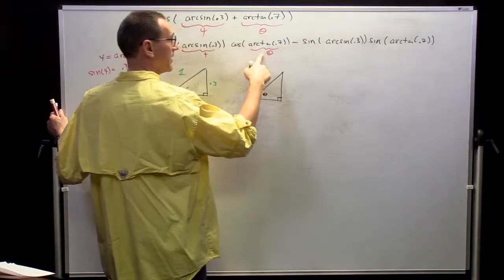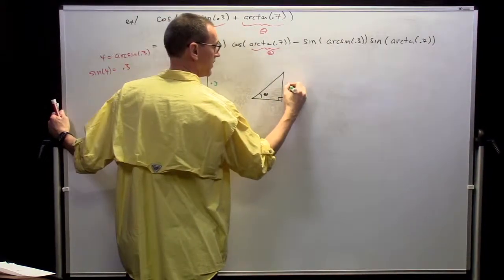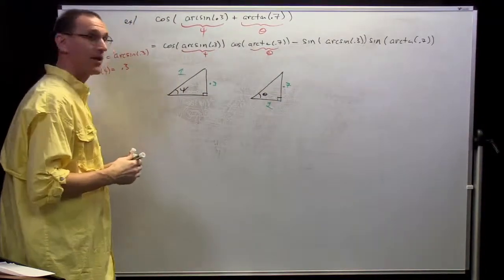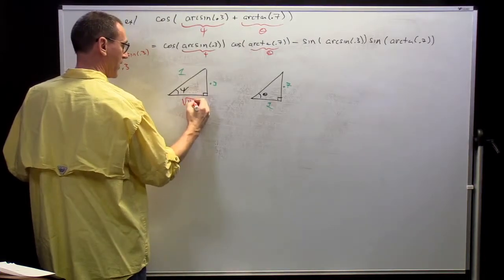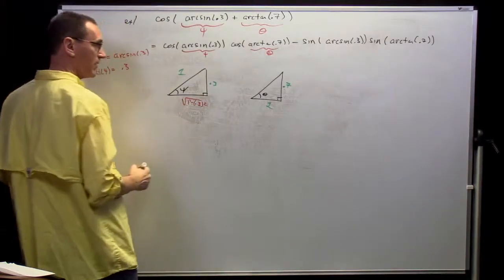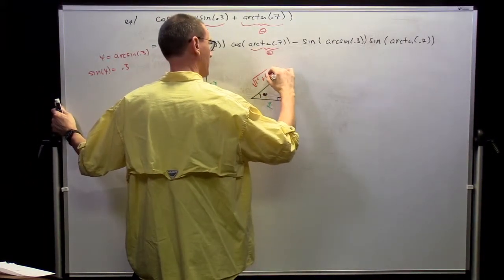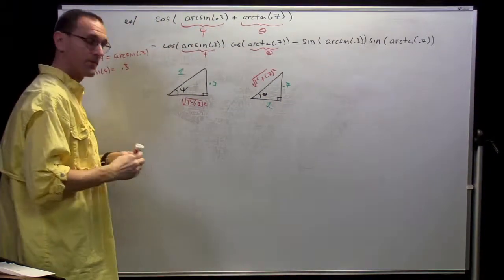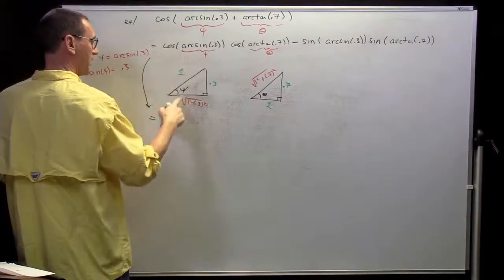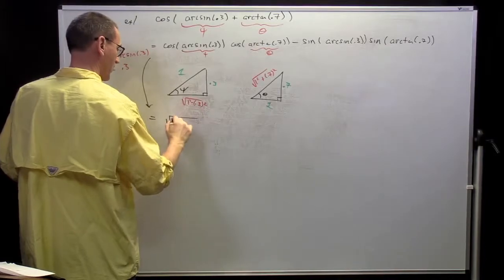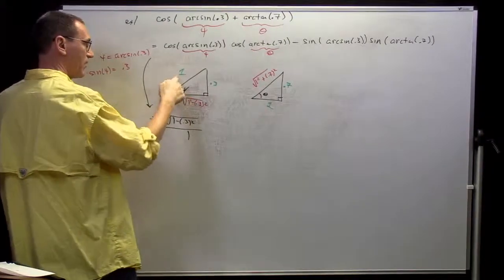What do I know here? I know that the tangent of theta is 0.7. Tangent is opposite over adjacent, so I'm just going to arbitrarily decide to call that 0.7 and 1. So what are my missing sides now? This is going to be the square root of 1 squared minus 0.3 squared, Pythagorean theorem, and this is going to be the square root of 1 squared plus 0.7 squared. So now coming down, cosine of psi is going to be the square root of 1 minus 0.3 squared over the hypotenuse, so that's adjacent over hypotenuse.